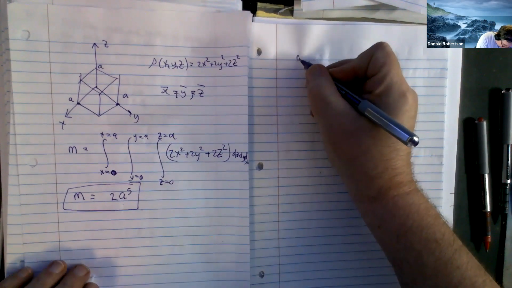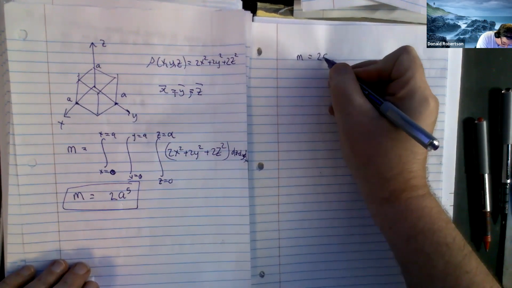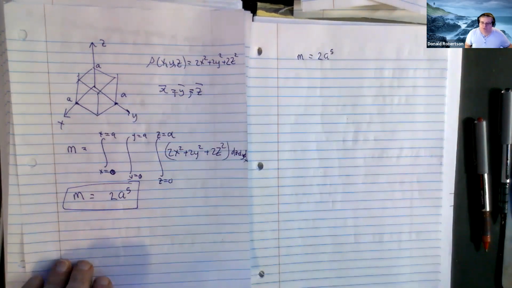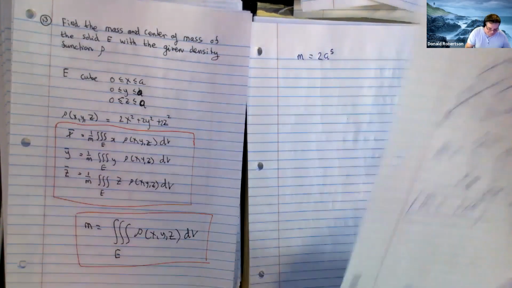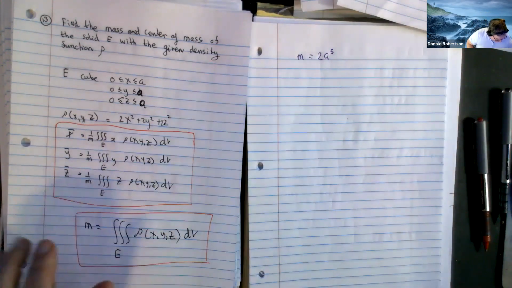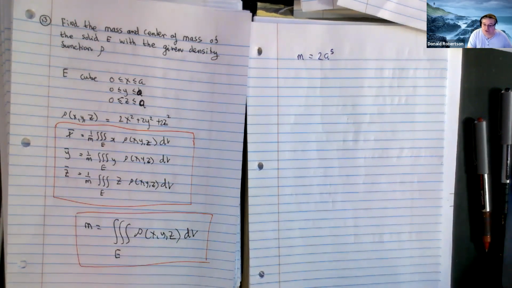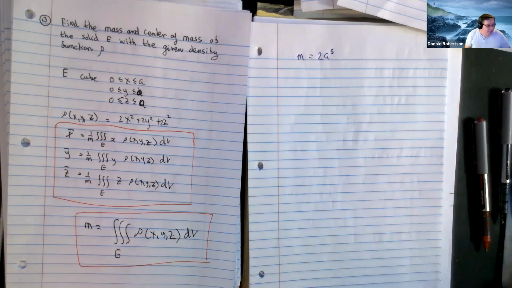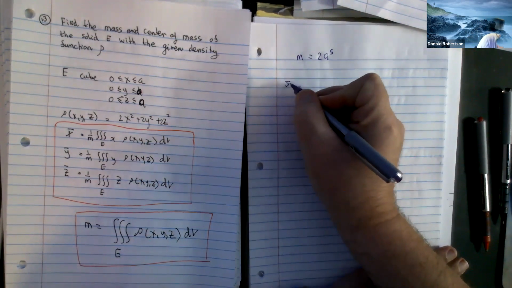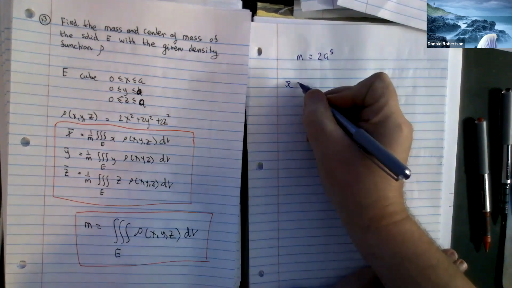So I now know that the mass of that cube is 2a to the 5. And it doesn't matter if I get x bar, y bar, or z bar. Can you trust me? You end up getting the same thing. So we don't need to worry about that. Just because I like, I'm going to do x bar.